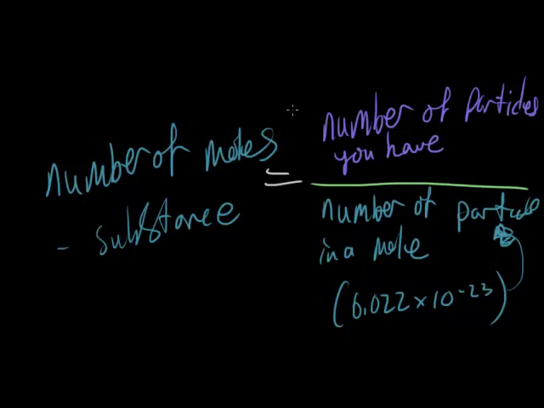The number of moles of that substance would be the number of particles you have divided by the number of particles present in a mole, and this number doesn't change. It's a constant, and Avogadro's constant is represented by the symbol Na.